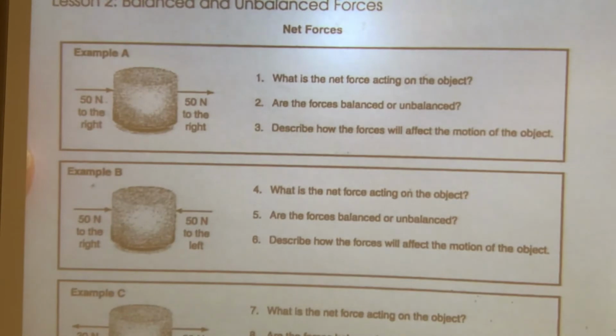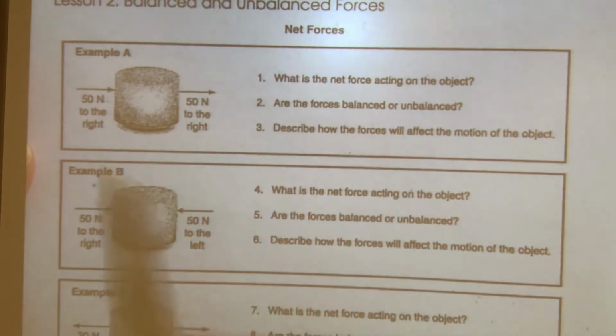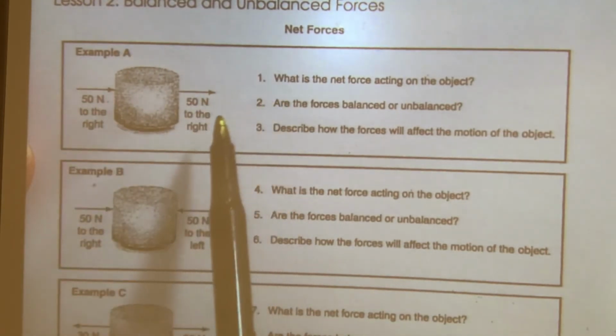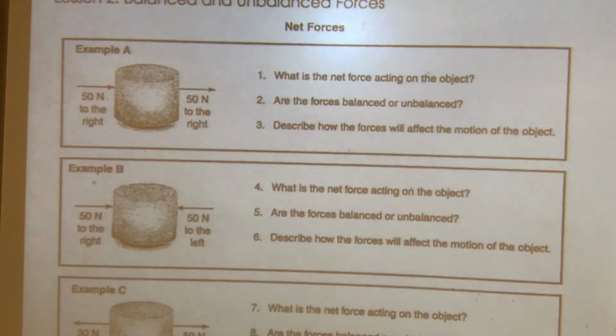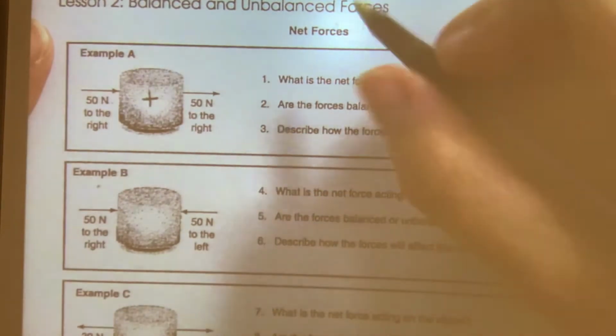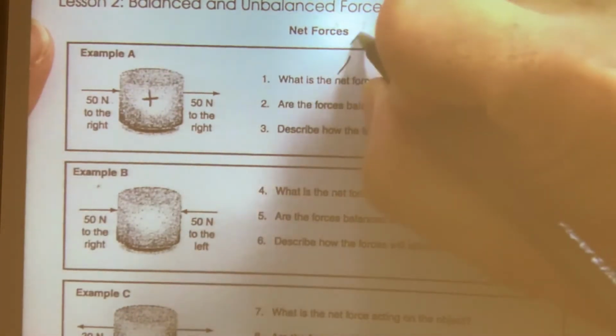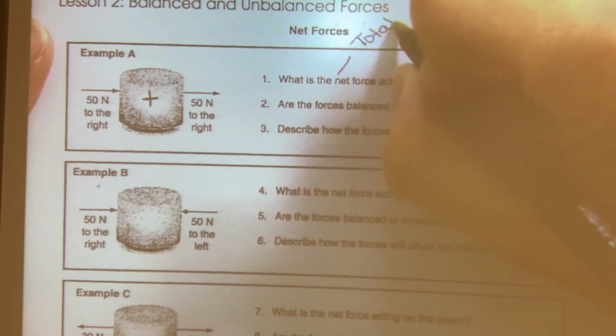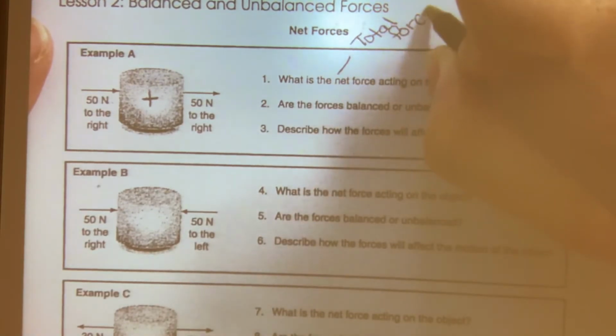But as I'm looking up here, I see that I have 50 newtons to the right and 50 newtons to the right. We said if they're going in the same direction, we're going to add them. So my net force, what it means by net force is the total force acting on the object.